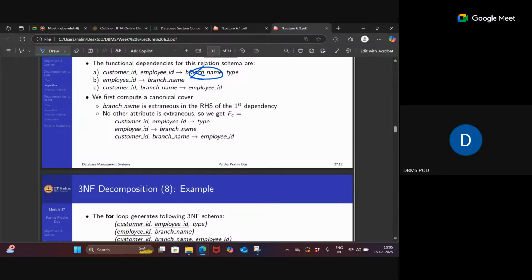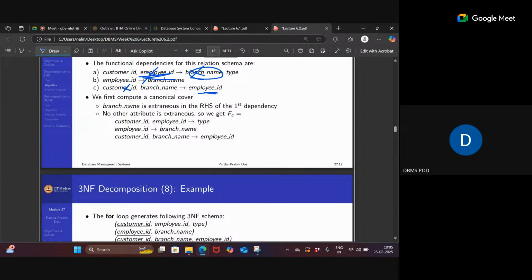Now we can go for the LHS side. Let us remove employee ID from here and see, are we getting type? No, we cannot get type because customer ID, employee ID together determine type. So employee ID is required here. And here also the same thing. If we remove customer ID or branch name from here and see whether we are getting employee ID or not.